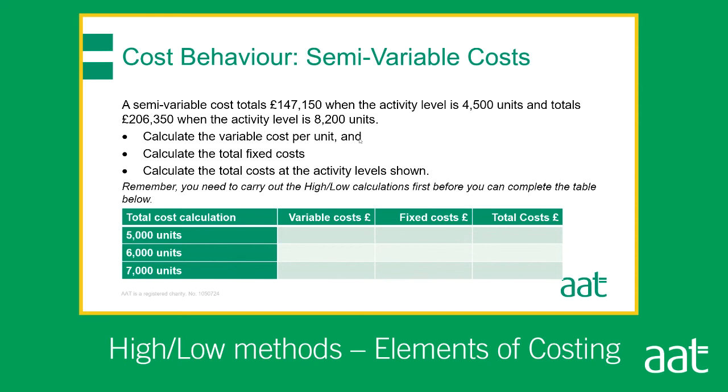You need to calculate the variable cost per unit, calculate the total fixed costs, and then complete this table below. So calculate the total costs at the activity levels shown in the table there. Remember, you need to carry out your high-low calculations first before you can complete the table.